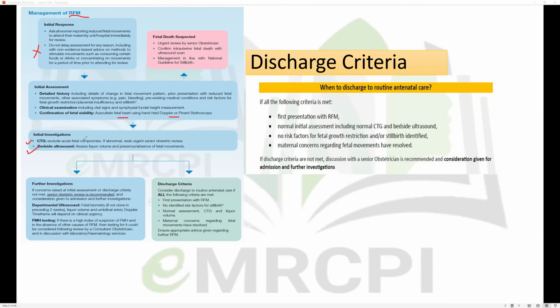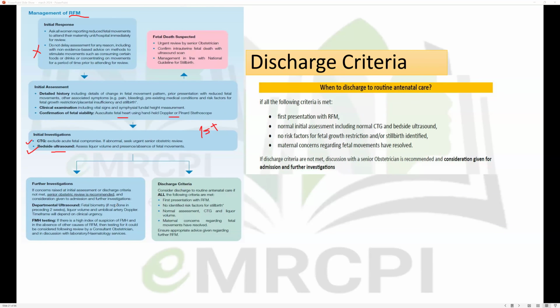So even if the patient is coming for the first episode, I have to do CTG and ultrasound, okay? This is for all patients, not only repeated ones. Further investigation: if concern is raised at the initial assessment or discharge criteria are not met, in this case senior obstetric review is recommended and consideration is given to admission and further investigation.